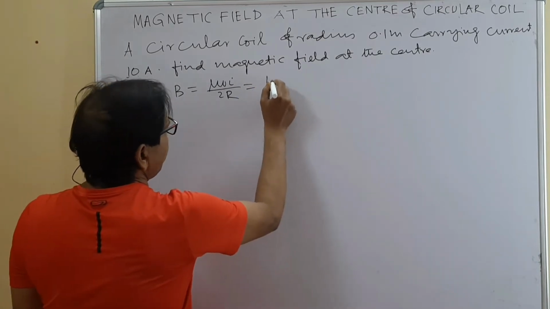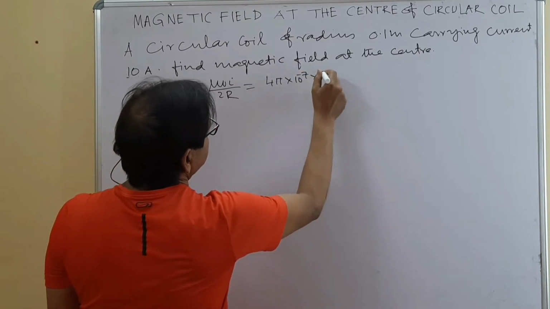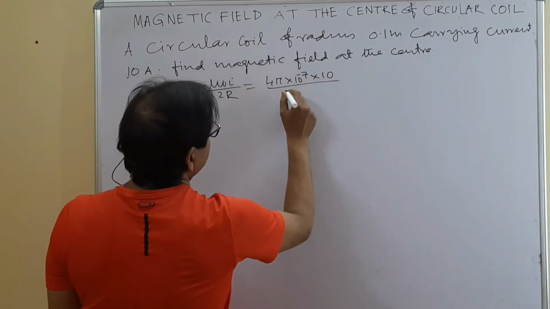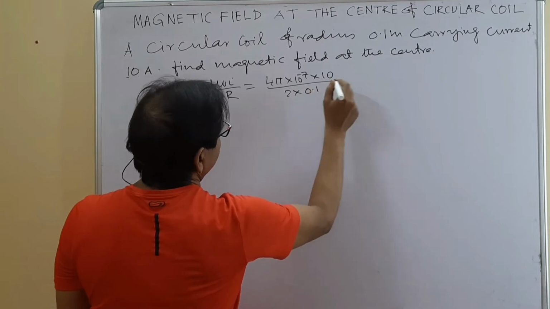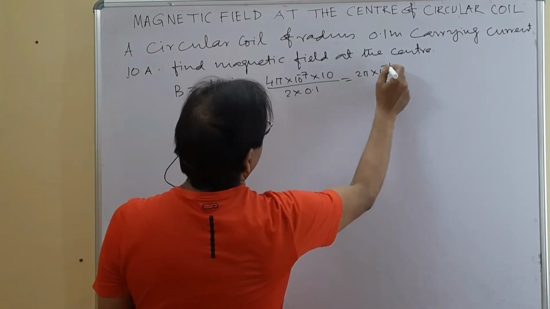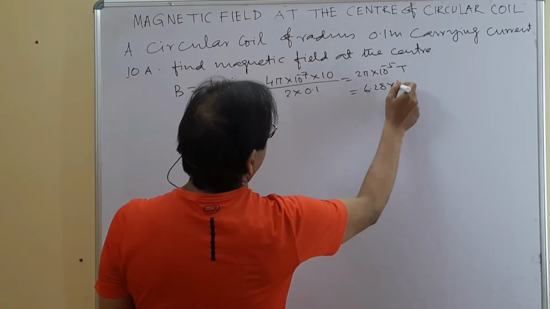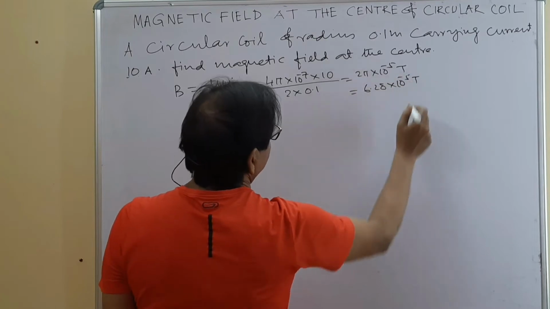So this is 4 pi into 10 to the power minus 7, and this is 10, and this is 2 into 0.1. So this is 2 pi into 10 to the power minus 5 Tesla. So this is 6.28 into 10 to the power minus 5 Tesla.